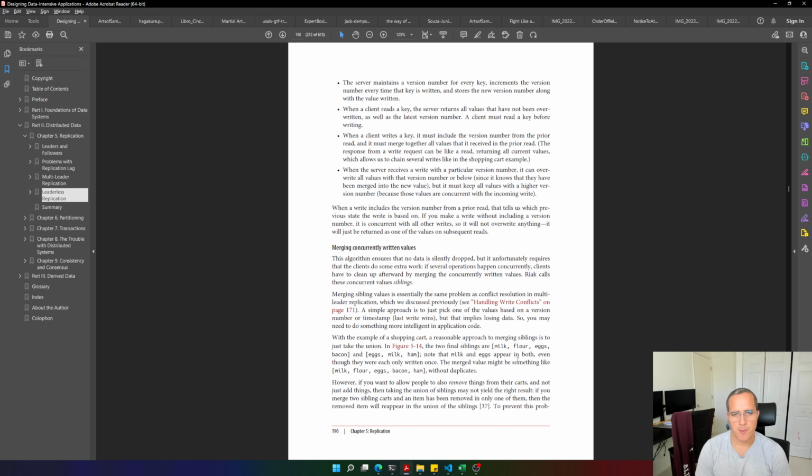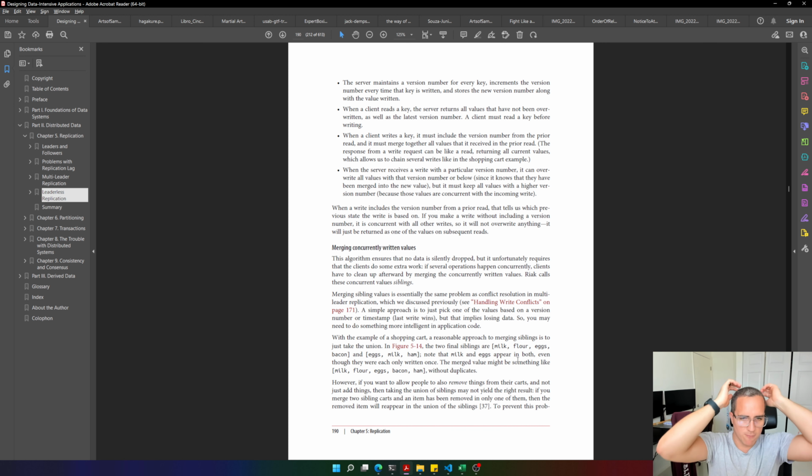Merging concurrently written values. This algorithm ensures that no data is silently dropped, but it unfortunately requires that the client do some extra work. If several operations happen concurrently, clients have to clean up afterward by merging the concurrently written values. Riak calls these concurrent values siblings. Merging sibling values is essentially the same problem as conflict resolution in multi-leader replication, which we discussed previously.